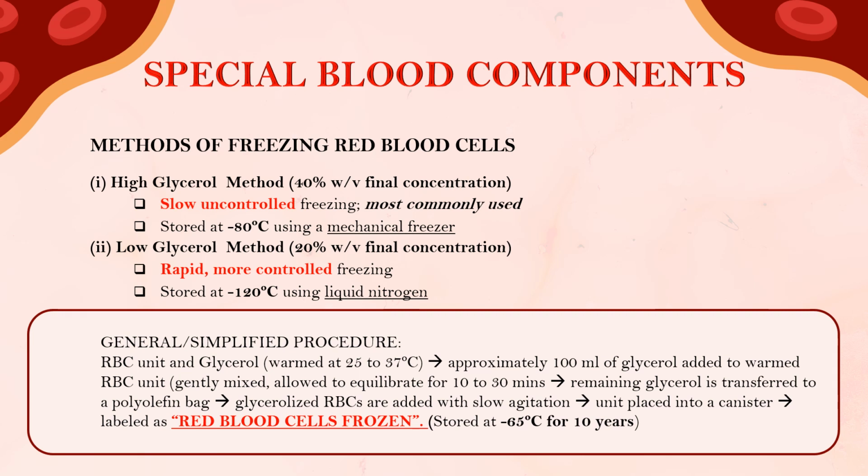The remaining glycerol, class, is transferred to a special polyolefin bag, which is more resistant to breakage and damage compared to your usual PVC bags. The glycerolized RBCs are added with slow agitation, then placed into a canister afterwards to give additional protection during freezing. The unit produced is now labeled as red blood cells frozen.